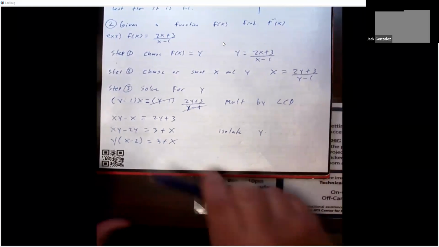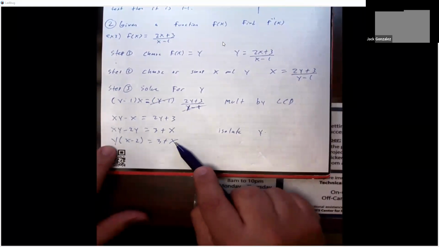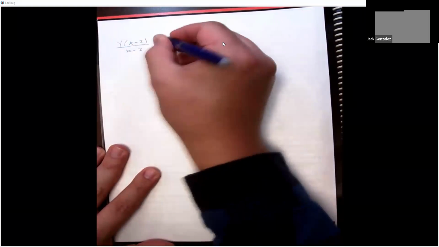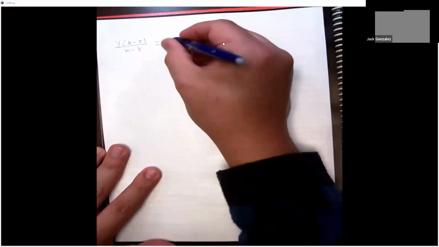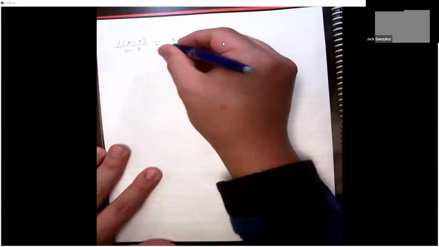Okay. So the next step, what are we going to do? Solving for y. So what's the next final step? Yeah, let's do it. So we're going to divide both sides by x minus 2. Double check.